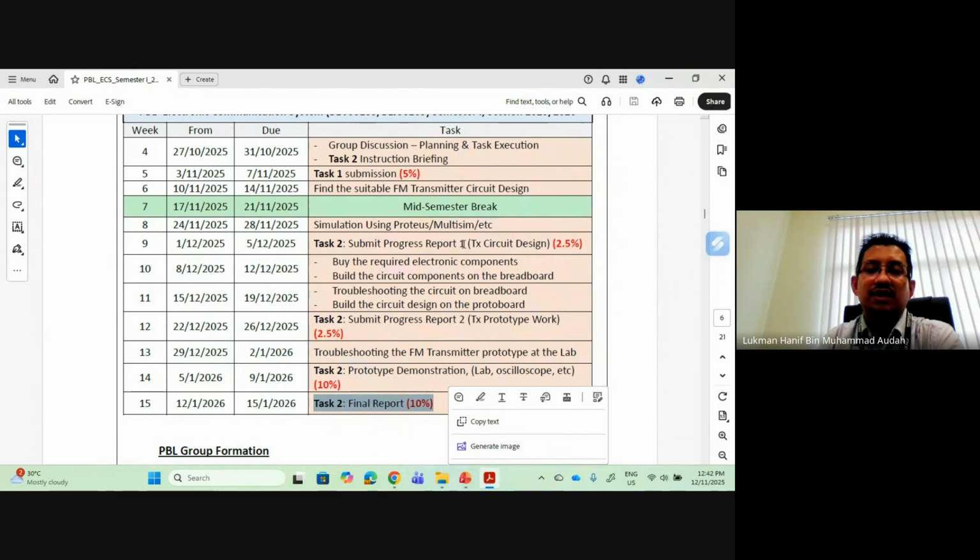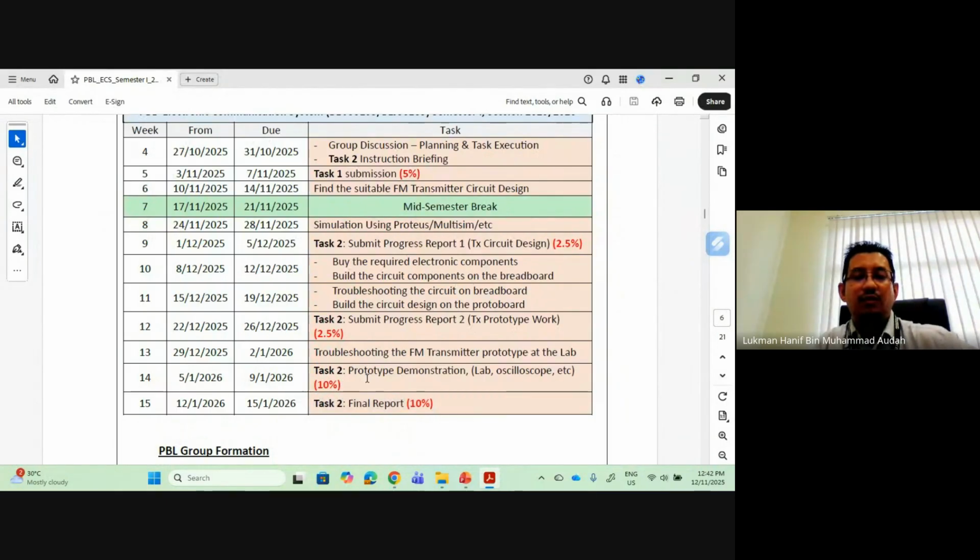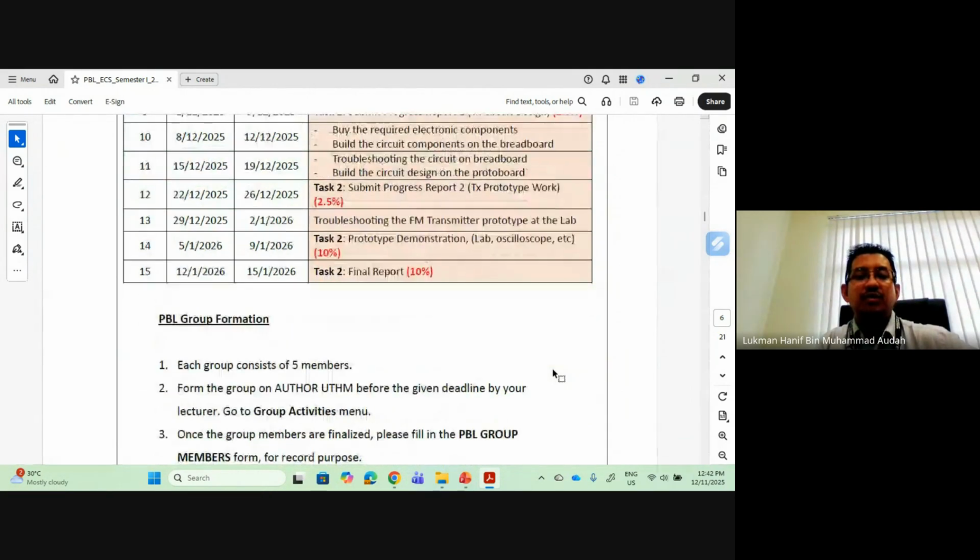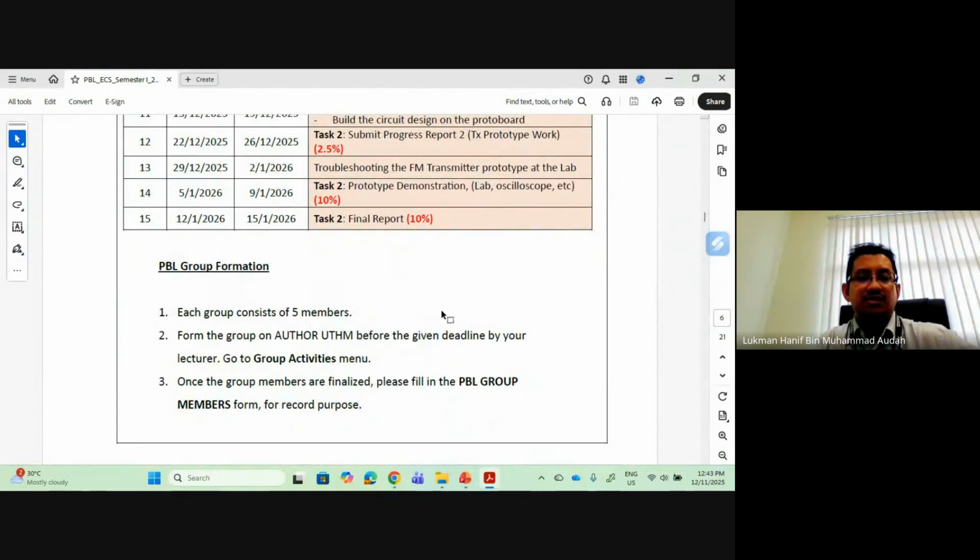Progress report 1 and progress report 2 are just to know your current progress. Before you submit the final report, we are going to do the prototype demonstration in the lab. This will consist of the same members from task number 1.